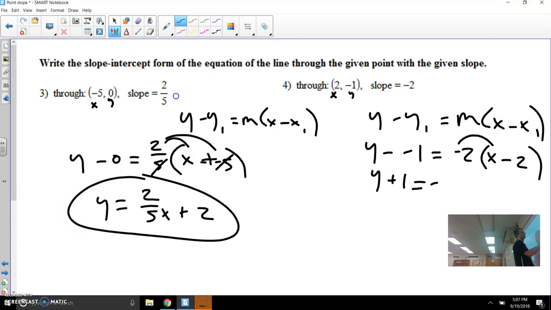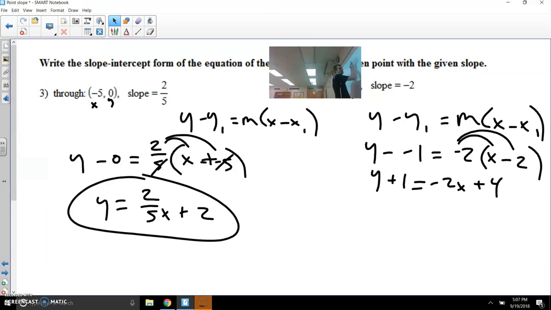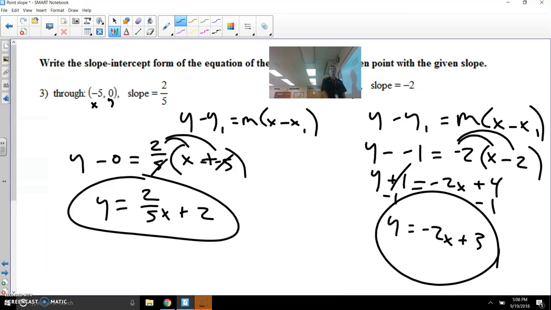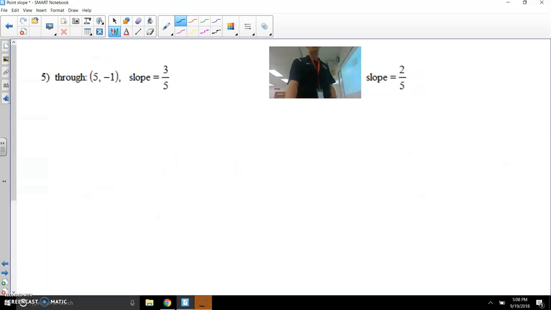Let's distribute and get negative 2x plus 4. Let's finish by subtracting the 1 over so that we have y by itself. I have a slope of negative 2, and this will go through the point 2, negative 1. So you try these on your own using the same formula.